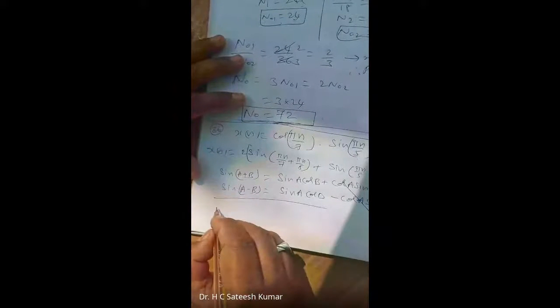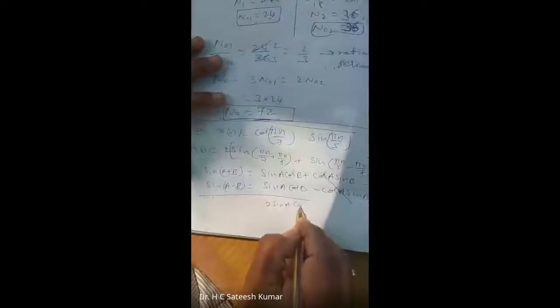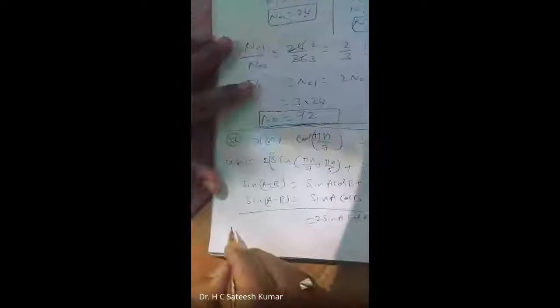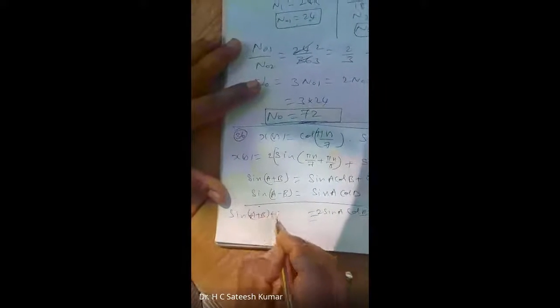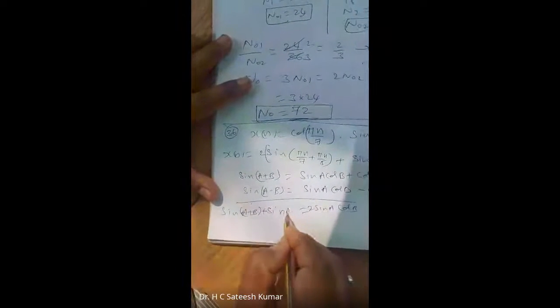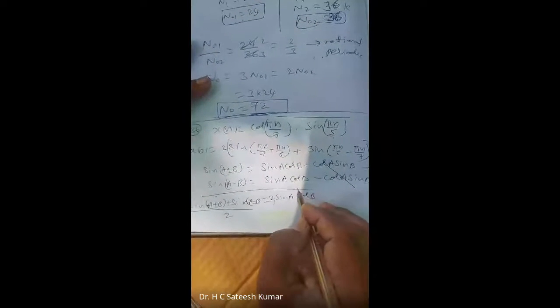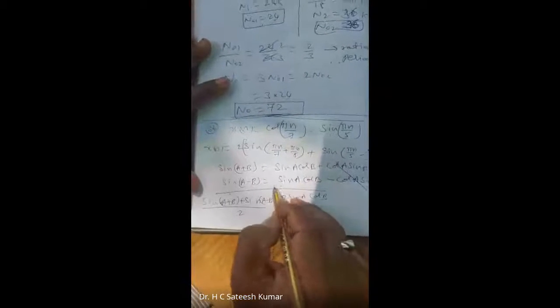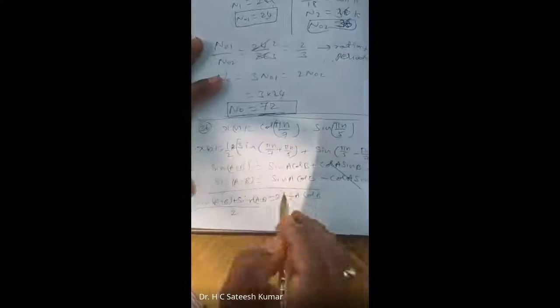What will you get? 2 sin A cos B is equal to sin of A plus B plus sin of A minus B. So this 2 will go to the denominator. Therefore sin A cos B is equal to the sum divided by 2. It's not multiplied by 2, it is divided by 2. 1 by 2 you should write.